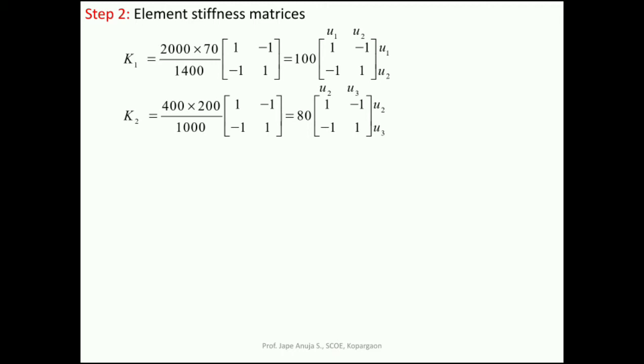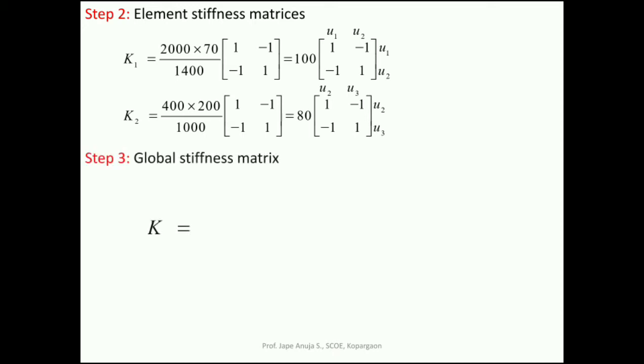That is calculated as 100 into this 2 by 2 matrix. Also write down the associated displacements for each column and each row, U1, U2 associated with aluminium. Similarly for K2 for steel, that is 80 [1, -1; -1, 1], and write down the associated displacements U2, U3, U2, U3 for each column and each row.